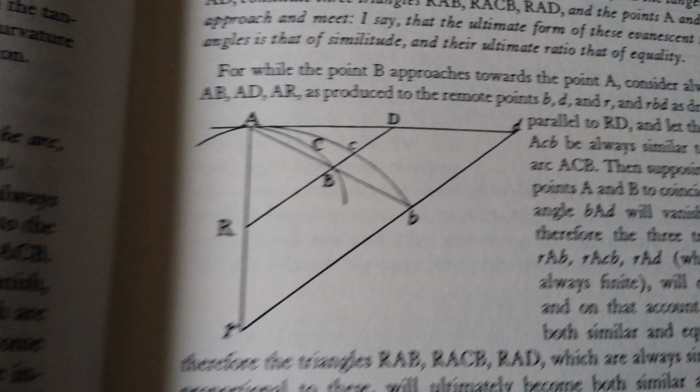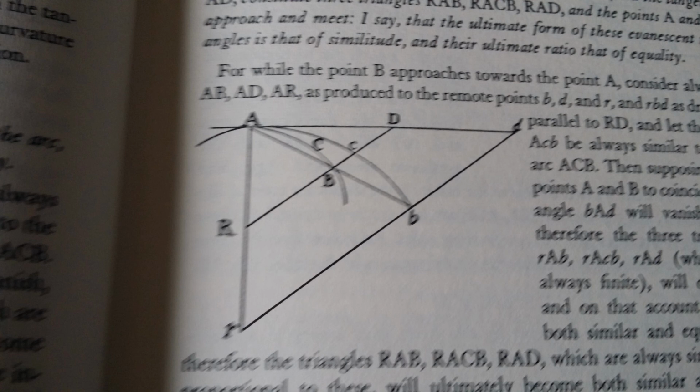If the right lines AR, BR, with the arc ACB, the chord AB, and the tangent AD, constitute three triangles, RAB, RACB, RAD, and the points A and B approach and meet, I say that the ultimate form of these evanescent triangles is that of similitude, and their ultimate ratio that of equality.